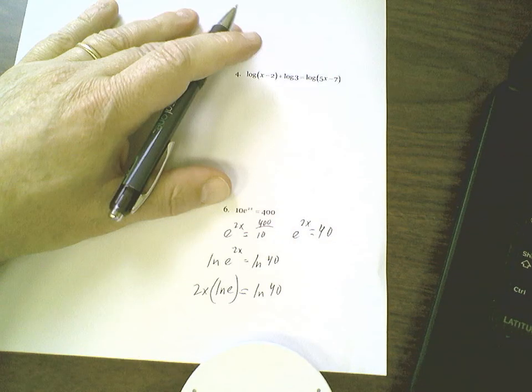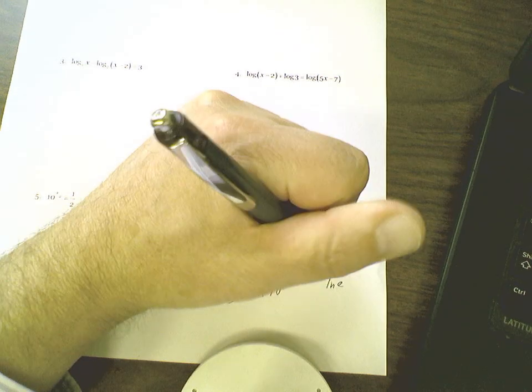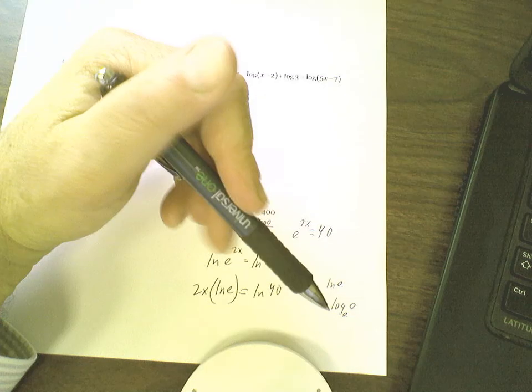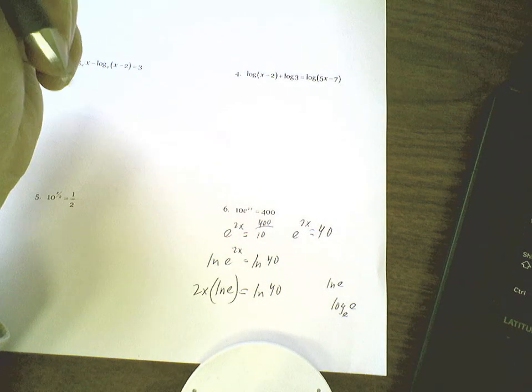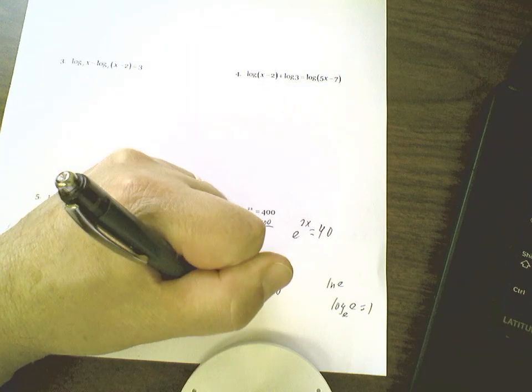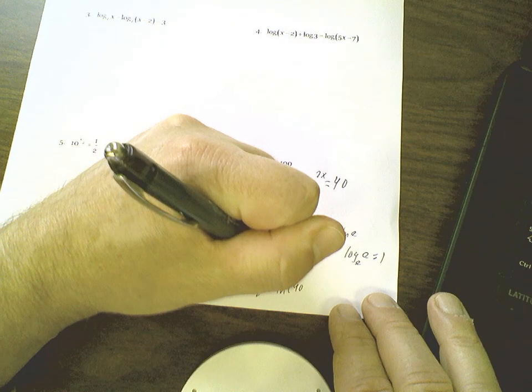Well, ln of e is the same as log base e of e. And remember, log base b of b, one of the log properties from the last note section, is equal to 1. So I wind up with 2x equals the ln of 40, and x is nothing more than 1/2 times the ln of 40. And again, work your way through it on the calculator.